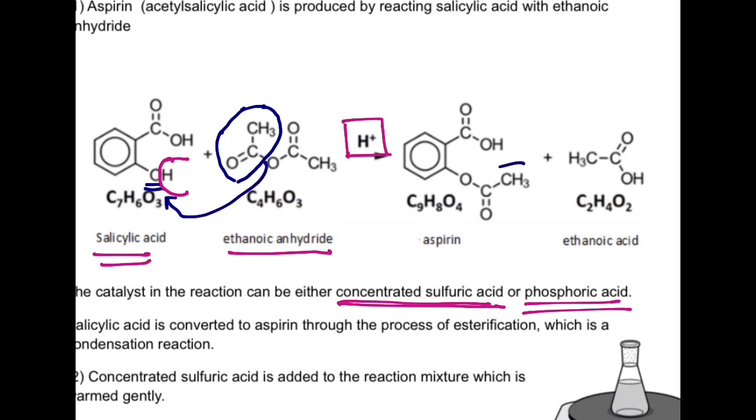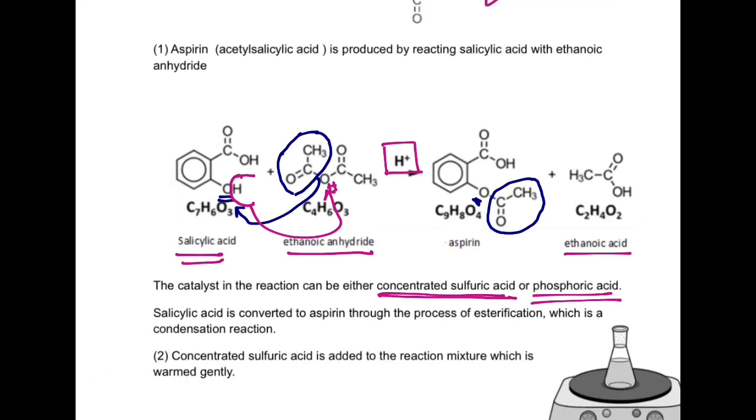So you end up with this group attached to the oxygen on the salicylic acid over here. And then this hydrogen will bond to the rest of the molecule over here, and you end up with ethanoic acid. So it bonds here.